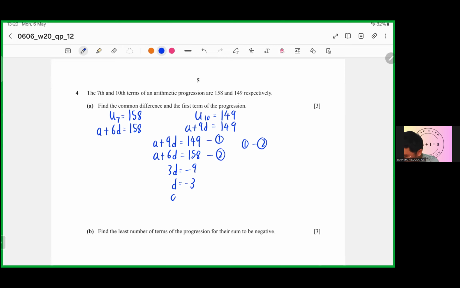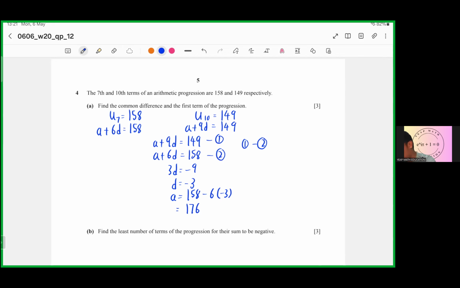Then I find the value of a: 158 minus 6 times d. The first term is 176, and the common difference is negative 3.